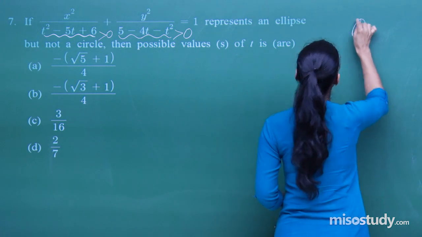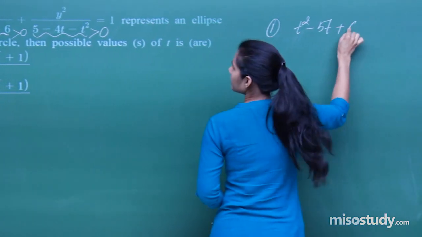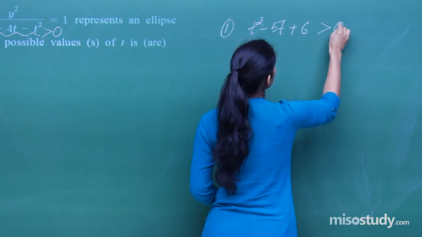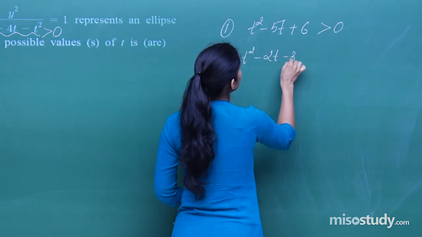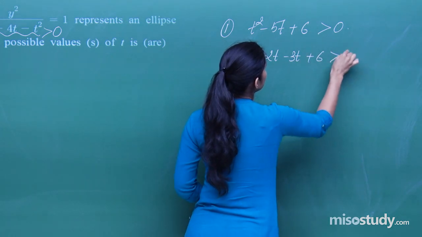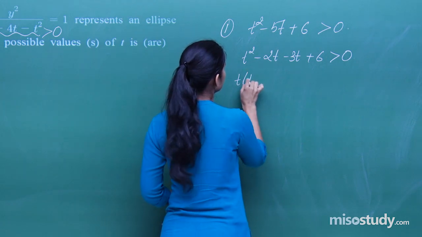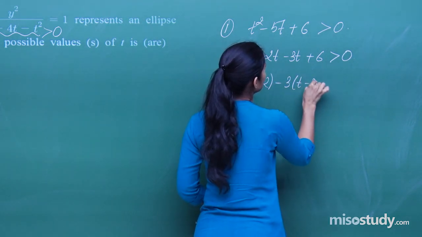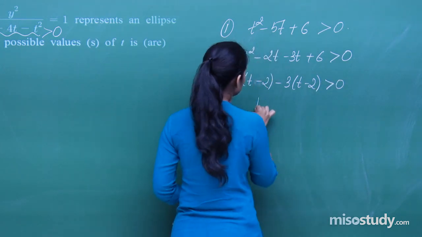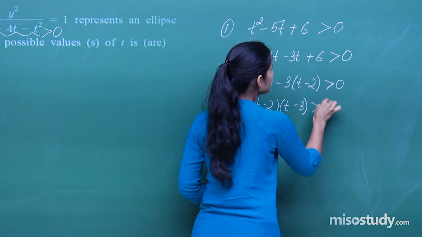So first of all, I want t square minus 5t plus 6 to be greater than 0, which is t square minus 2t minus 3t plus 6 is greater than 0, right, which is t minus 2 into t minus 3 is greater than 0.